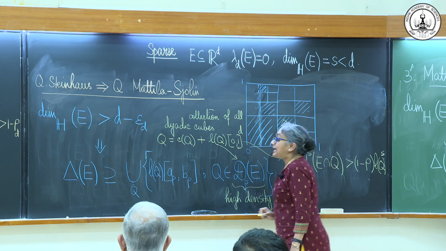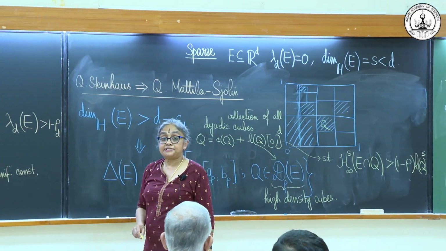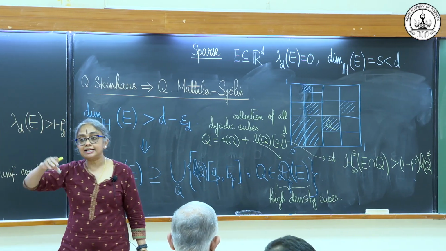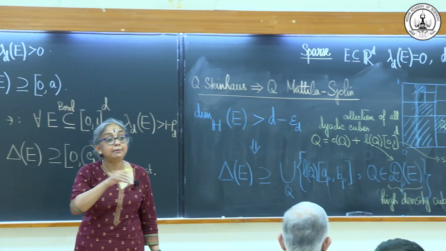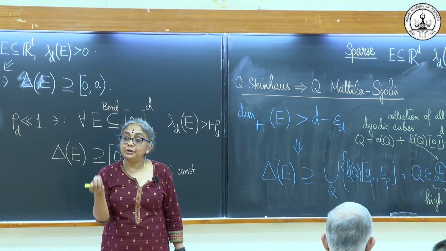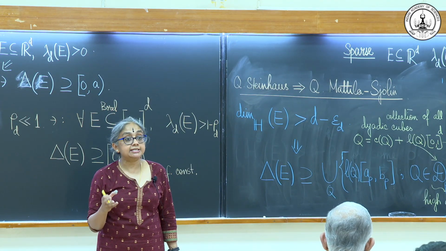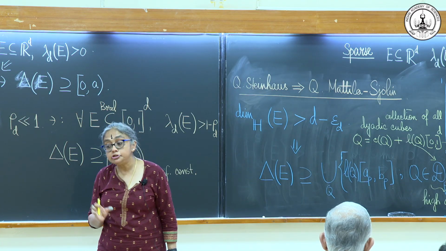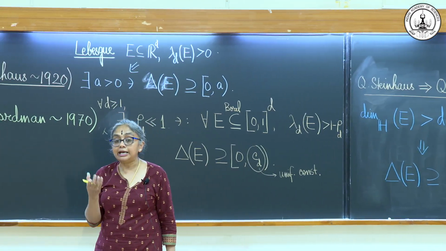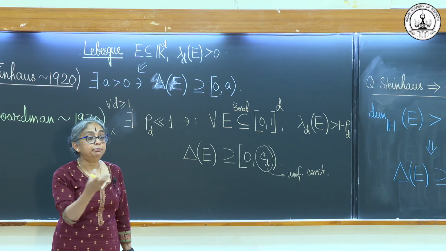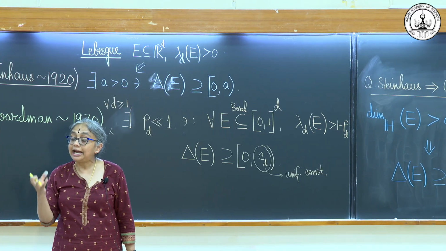Remember that capital E is a sparse set. Its points are distributed in some haphazard manner and in a way so that the Lebesgue content is null.